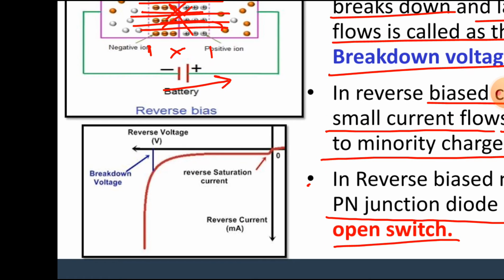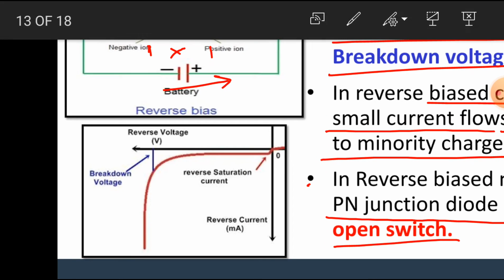Okay, let's see this on the VI characteristics of the PN junction diode in reverse bias mode. This is the negative voltage and the negative current. What happens in reverse bias mode? A small reverse saturation current flows due to the minority charge carriers.